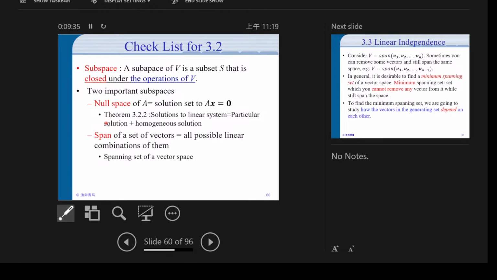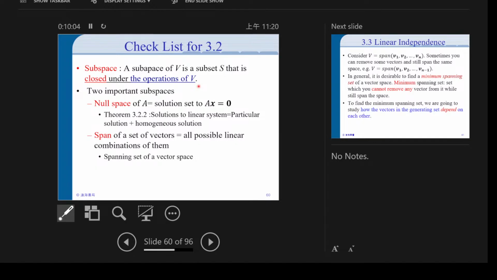So a bit of a review. We have the definition of a subspace. A subspace is a subset of a vector space V that is closed under the operations of V, so closed under addition and scalar multiplication of V. And we will talk about two subspaces here.